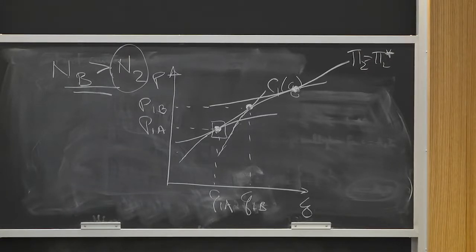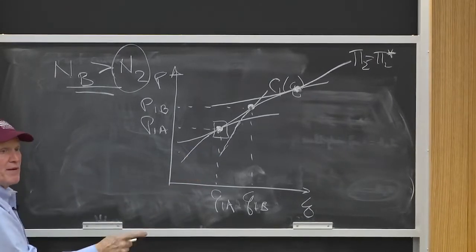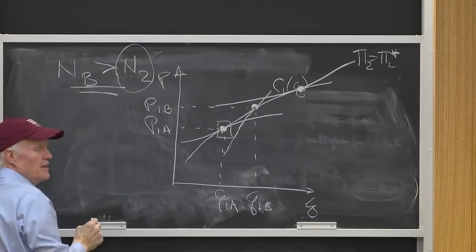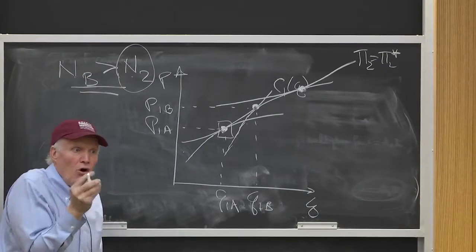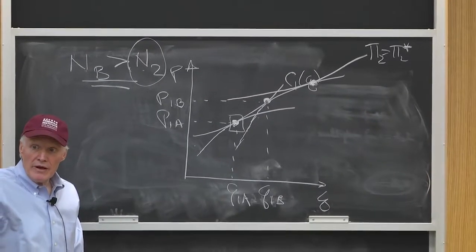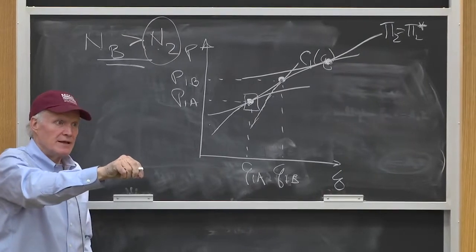The profit is going to have to go down to match the A's if there are more A's than N1s. So again, let's assume I still got both types of firms operating. I'm just going to increase the 2s to be bigger than the B's. So now all the B's are going to buy from the 2s. And so now the 2s have to appeal to the A's.